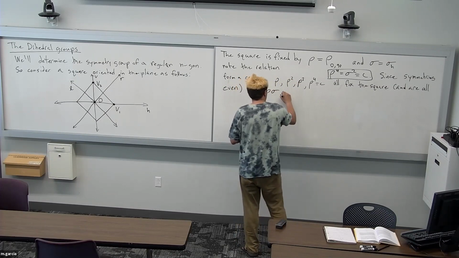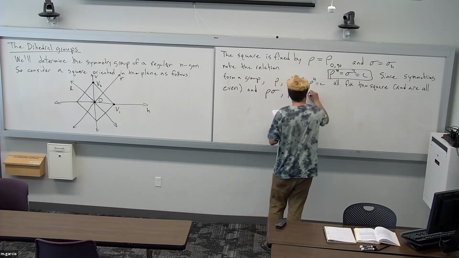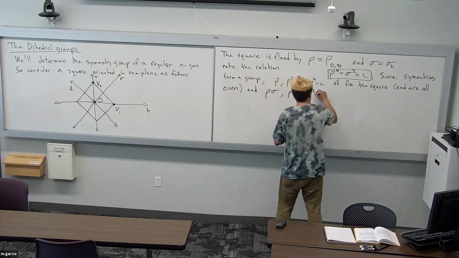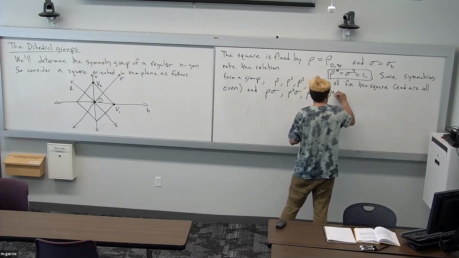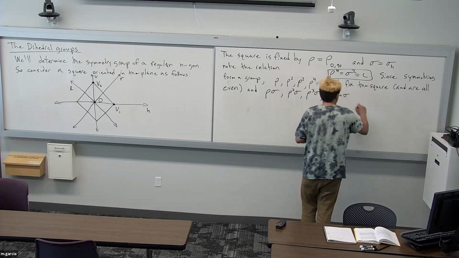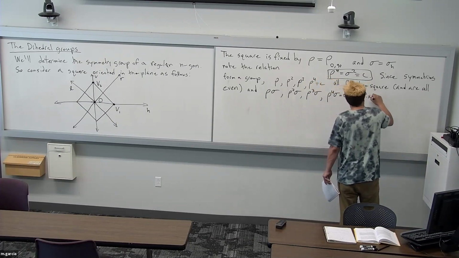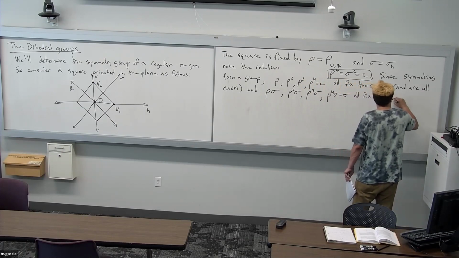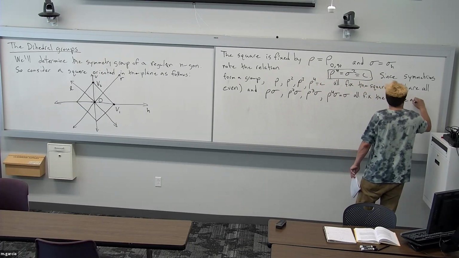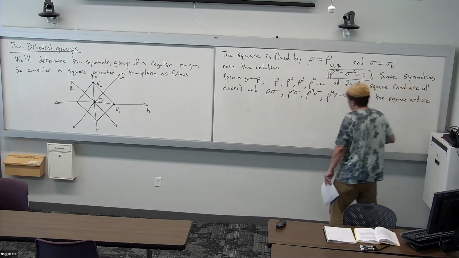Rho sigma, rho squared sigma, rho cubed sigma, rho to the fourth sigma, i.e. sigma, all fix the square, and are odd.